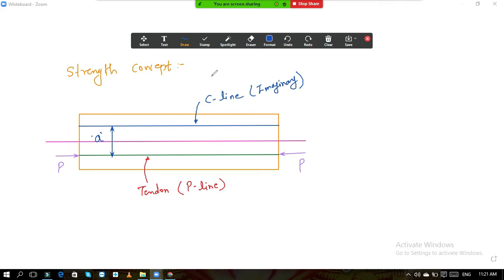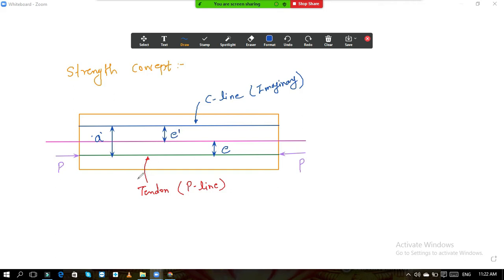Then the usual notations: you know that the distance of the P line from the neutral axis is called the eccentricity, which we have seen in the stress concept and load balancing concept. Now if you do a minus e, you get a new distance, the distance of this C line from the centroidal axis, denoted by e dash.